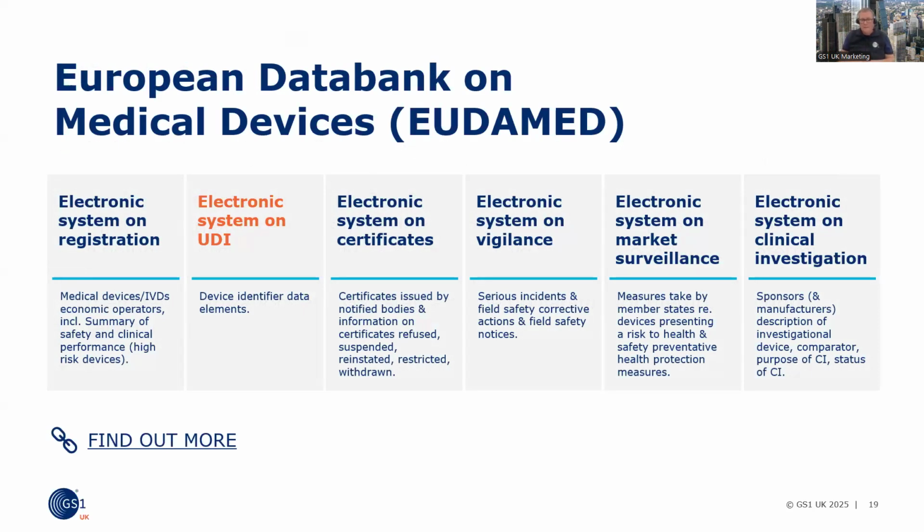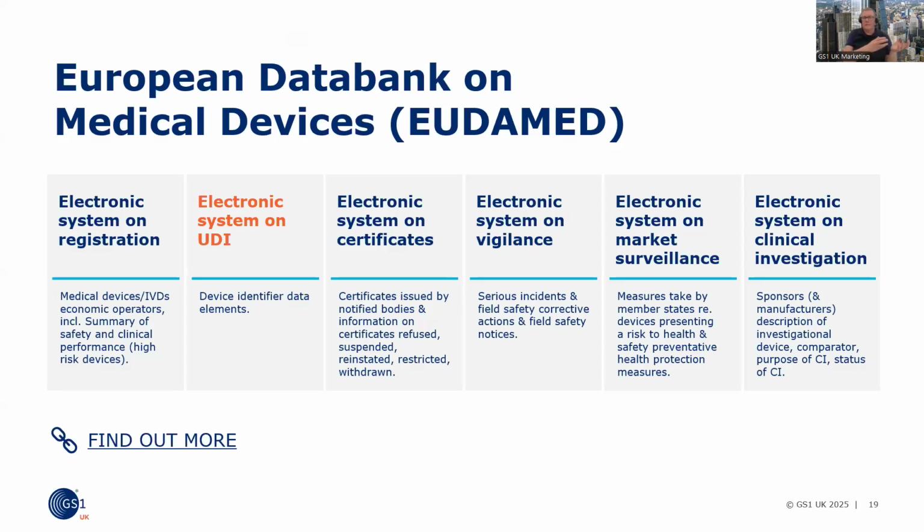So within UDI-DI, there are 6 modules, and the one we're going to focus on is the electronic system on UDI. Now, within that electronic system on UDI module, there is an identifier that links all of these 6 modules.